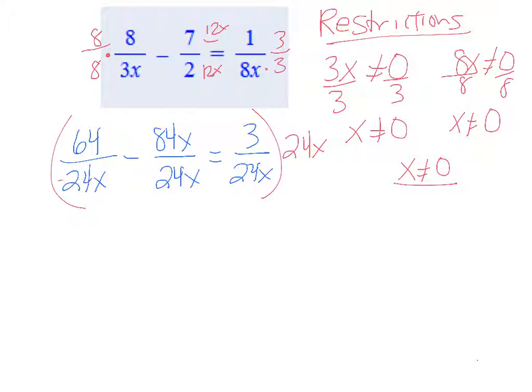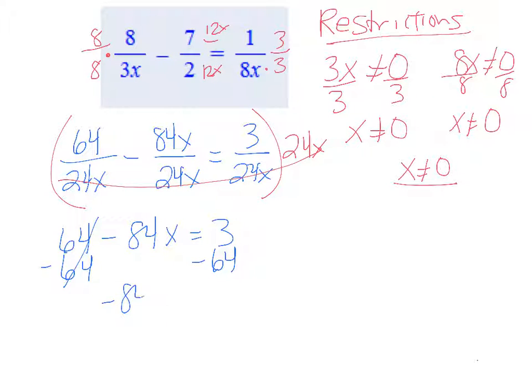And so usually I just do a big swoop through and cross all that off, and then what I end up with is 64 minus 84x equals 3. All right, and this is pretty ugly here. So I end up with x equaling.